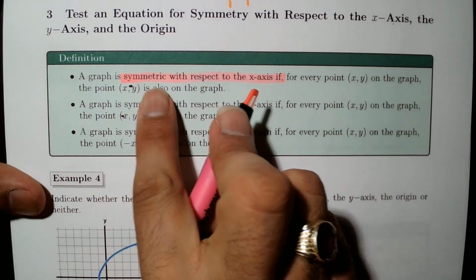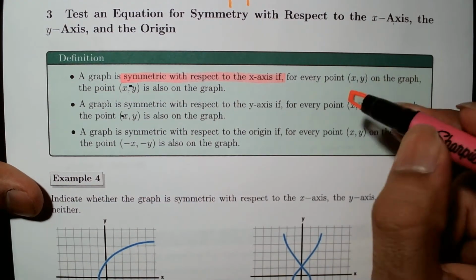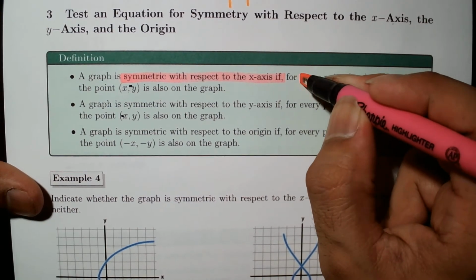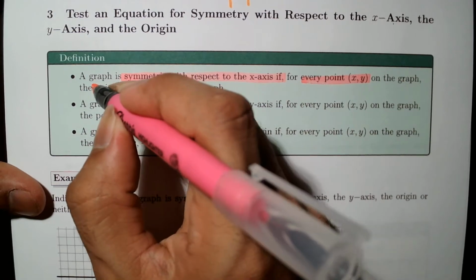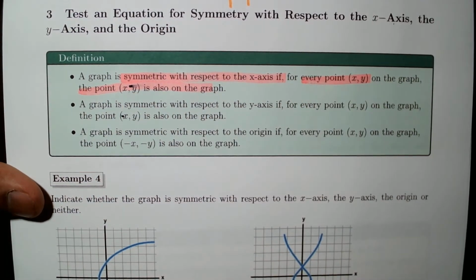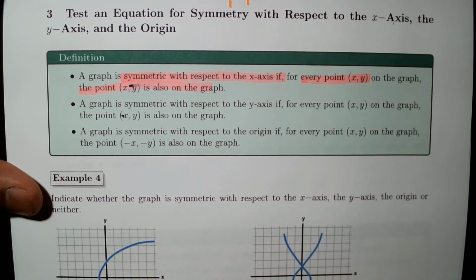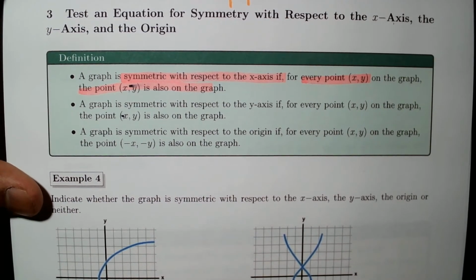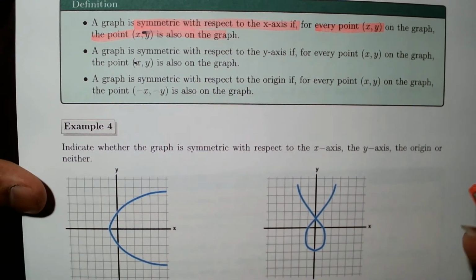Okay, to get the symmetry with respect to the x-axis, we choose a point, and if we change the sign of the y-coordinate, and that point happens to be on the graph of the given equation or function, well, on the given graph, then the graph is symmetric about the x-axis.